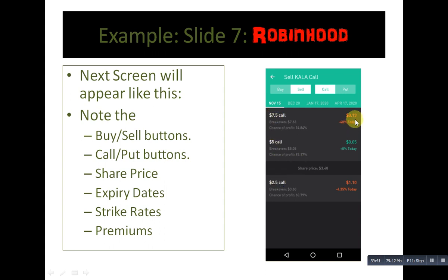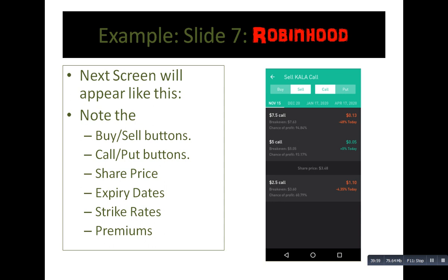What you see on the right hand side, 0.13 or 0.05 or 1.10, is the premium you will get per share. This will be multiplied by 100, because you are selling a call option for a lot of 100.